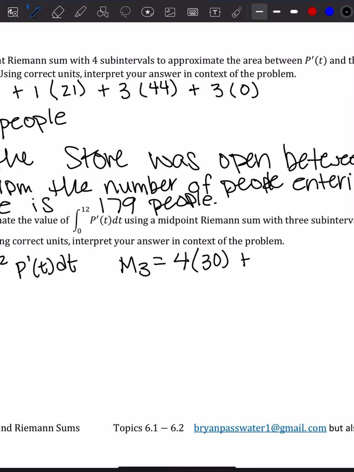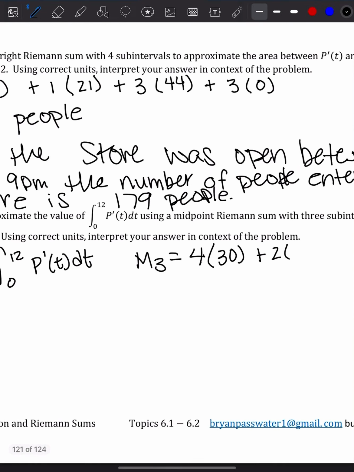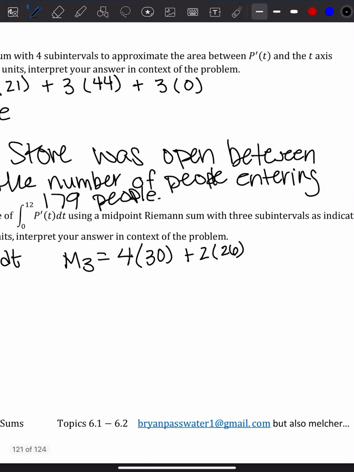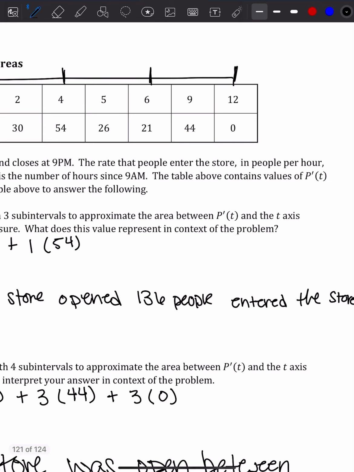We're going to add that to our distance between 4 and 6, which is 2. But we're going to be looking at 5 for our y value. Our y value would be 26. Plus, and then our last one, that distance between 6 and 12 is 6.